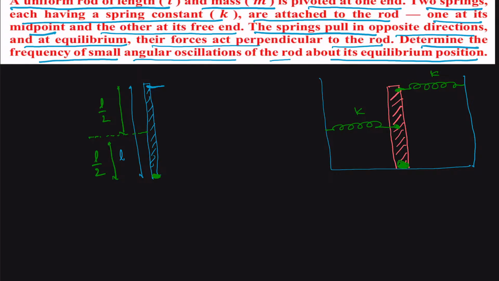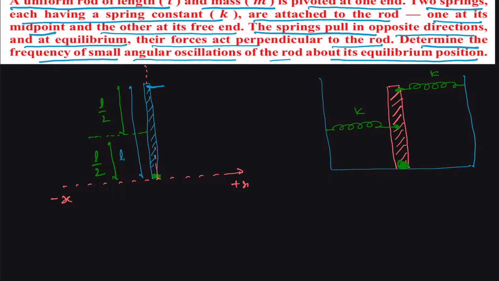Okay. And in this case we can assume the axis. So let us suppose the axis is passing through the center of the rod. So on the right side we are going to have our plus x, and on the left side we are going to have our minus x.